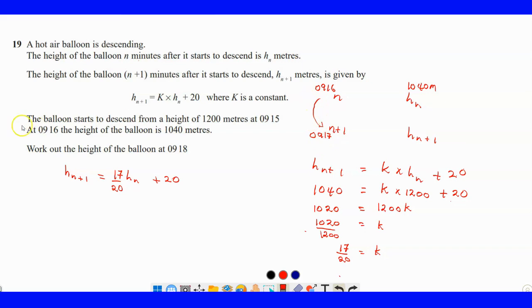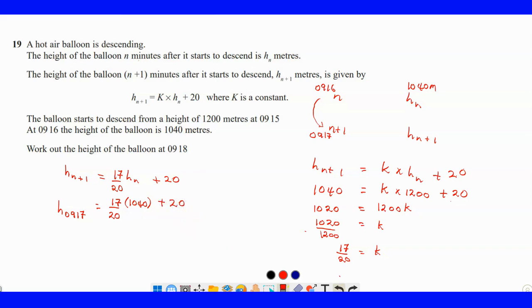So 1 minute later at 9:17 we can work out this height. The height at 9:17 would be 17/20 times the original height, which is 1040 meters, plus 20.